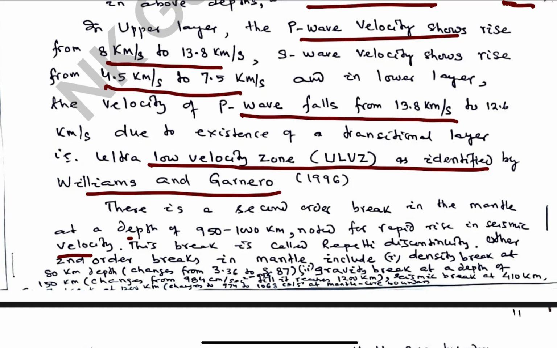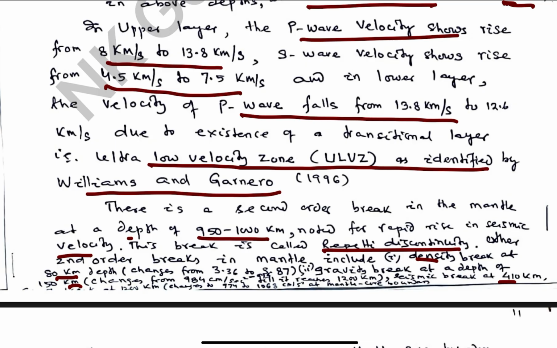We have a break at 950 to 1000 kilometers, which is known as the repeated discontinuity in the mantle. There are other second order breaks, such as a density break at a depth of 80 kilometers, a gravity break at a depth of 150 kilometers, and a seismic break at 410 kilometers.